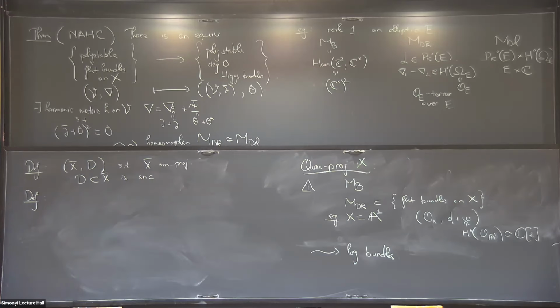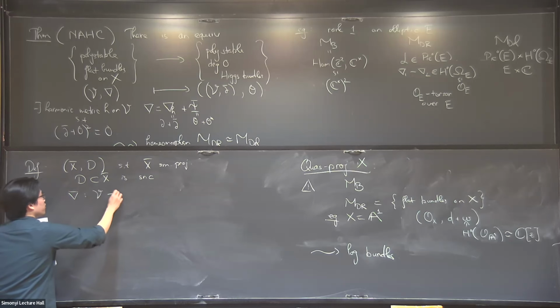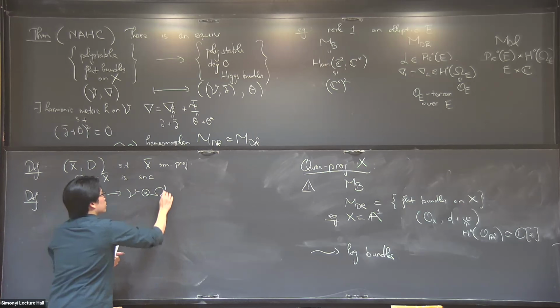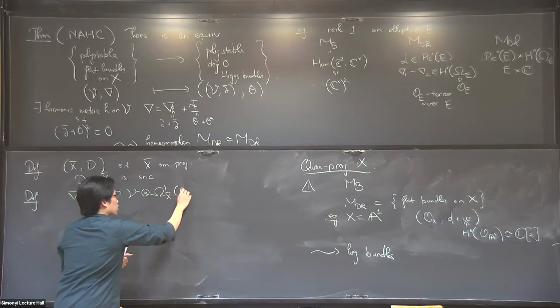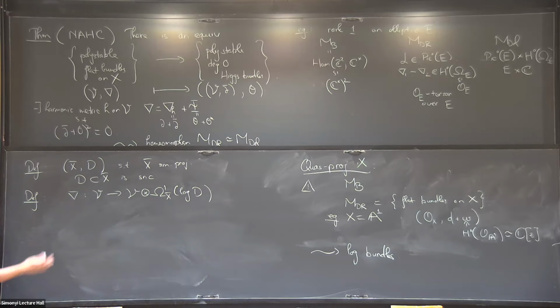So a log flat bundle for me would be a vector bundle V with some log connection, which in this case goes from V to V tensor omega^1 log D, such that it satisfies the product rule and also has zero curvature.